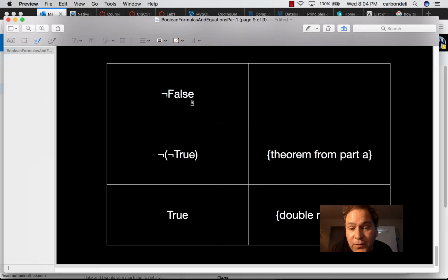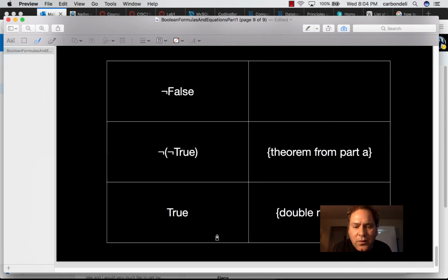So we know false is equal to not true, and we have to use the parentheses to indicate that we're now dealing with two logical nots. This makes it easier to read these expressions. And then we can apply double negation just to get true. And so in one step, using the theorem from part A, essentially as an axiom, we're able to show that not false is equal to true.